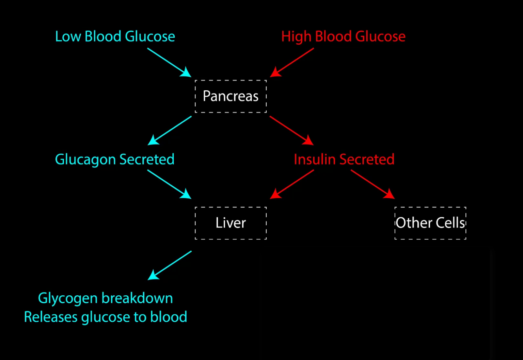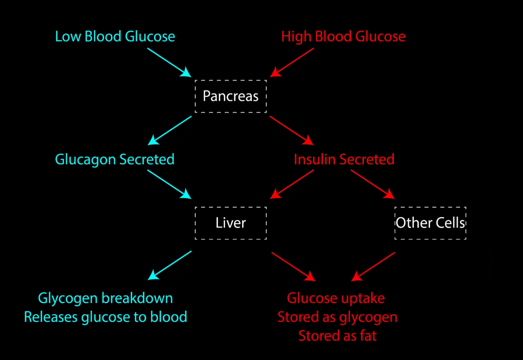Okay, that way we can start to rebalance the amount of sugar in the blood so that your brain doesn't starve. All right, so the opposite's true when insulin interacts with the liver. It sends a signal that ultimately tells the liver that we need to use up this glucose in the blood. So it will uptake the glucose and store it as glycogen.